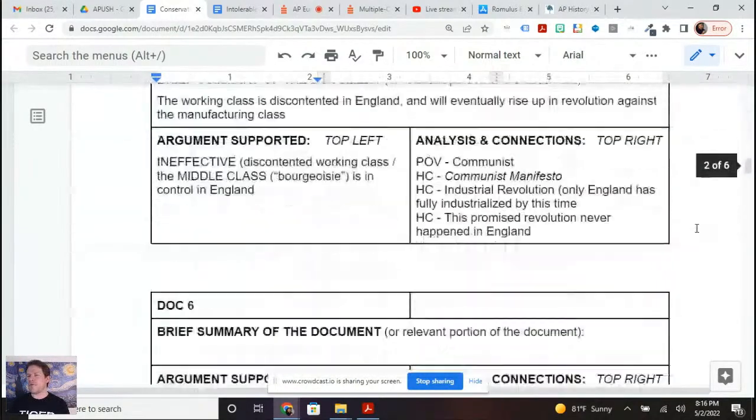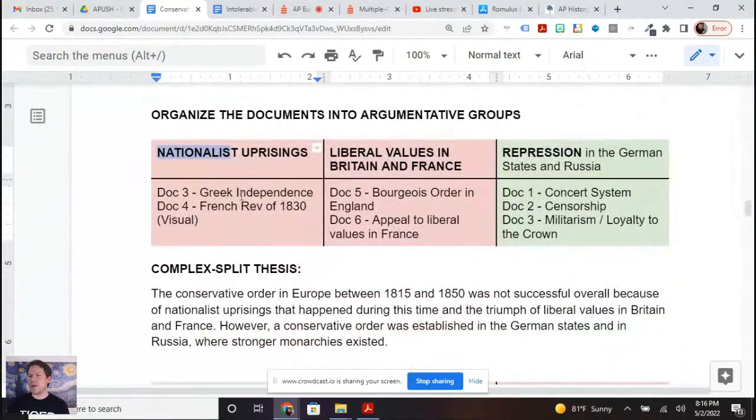So what I'm going to say here is the conservative order was not successful overall because of nationalist uprisings that happened during this time and the triumph of liberal values in Britain and France. However, a conservative order was established in the German states and in Russia where stronger monarchies existed.